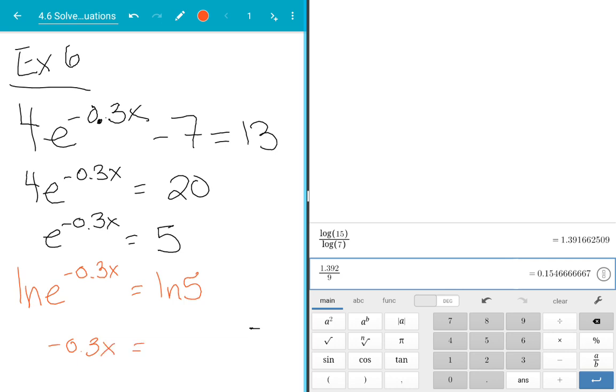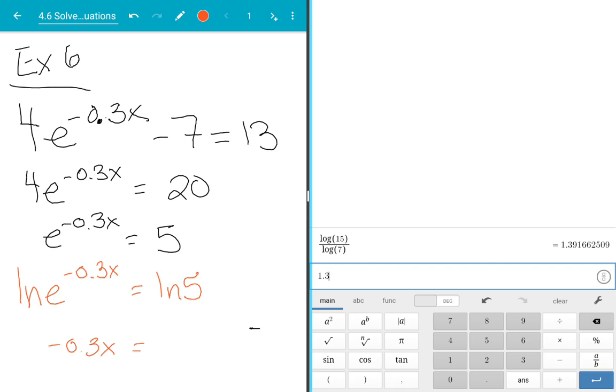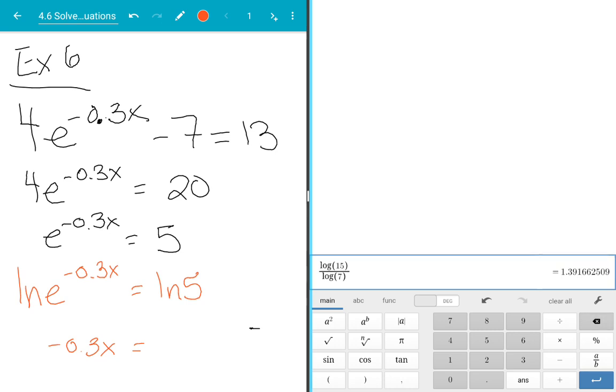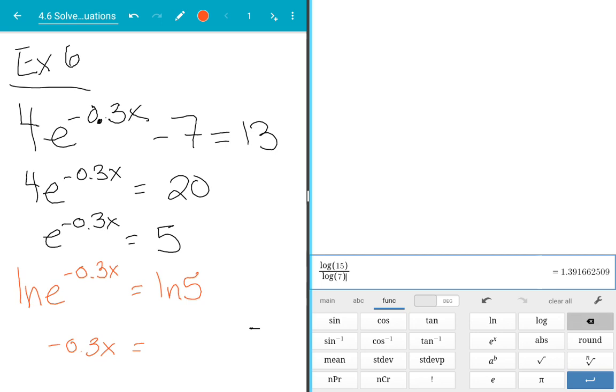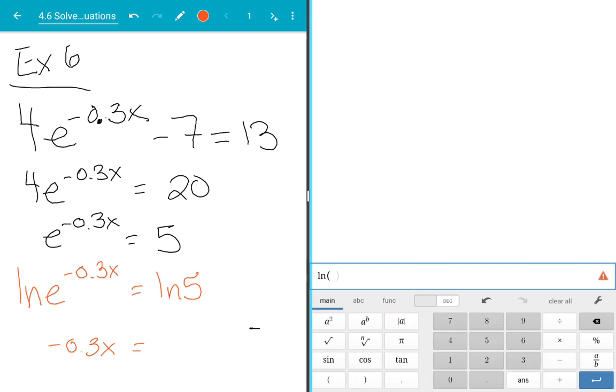So we come over here to our calculator to figure out what the natural log of 5 is. Natural log of 5 is 1.609. Then the last thing we're going to do here is divide both sides by this negative 0.3.